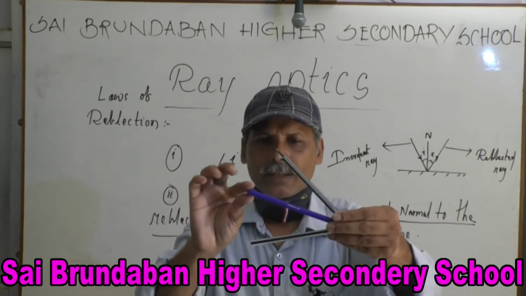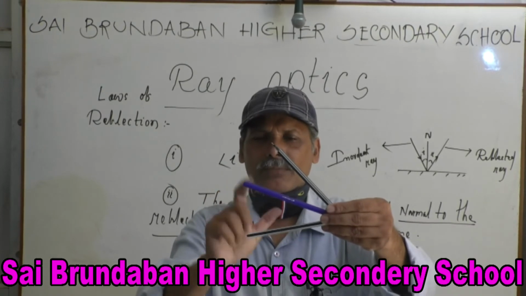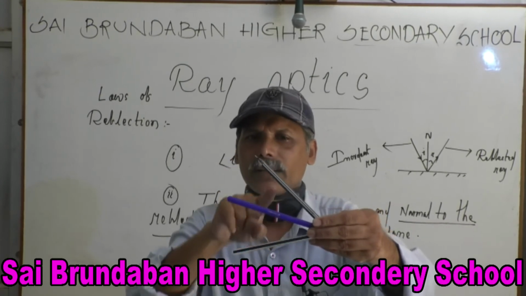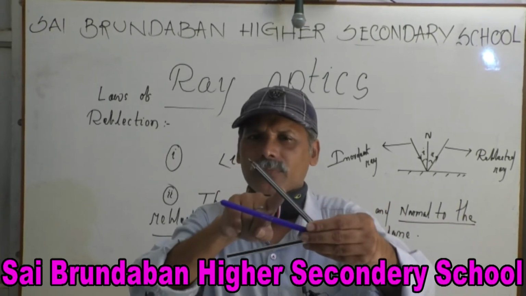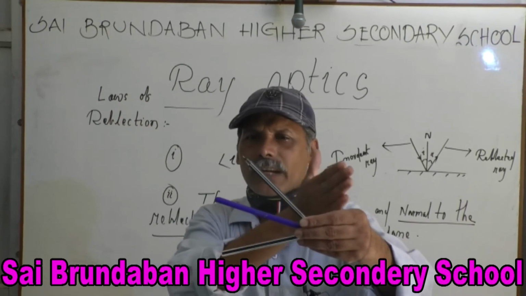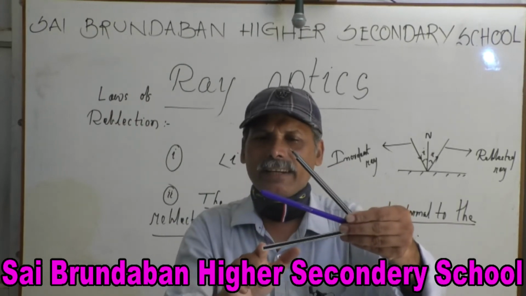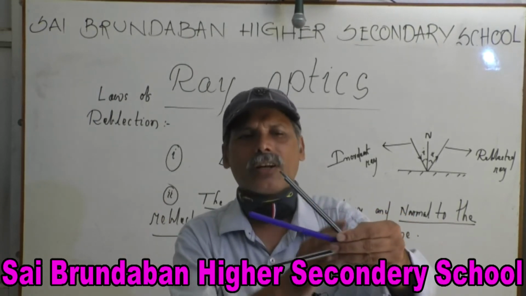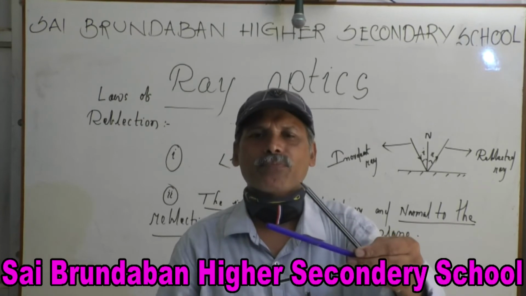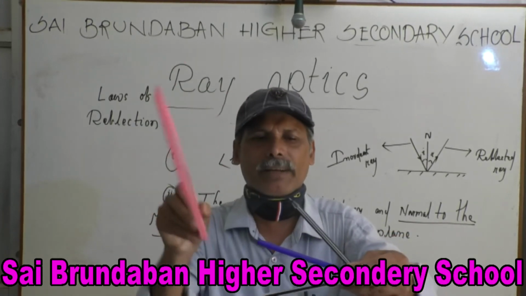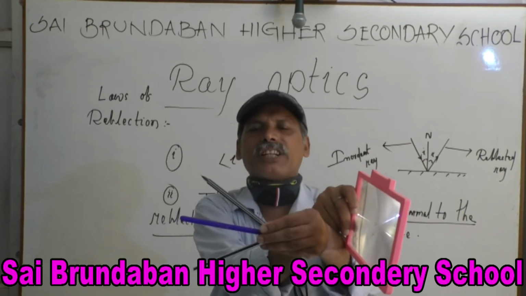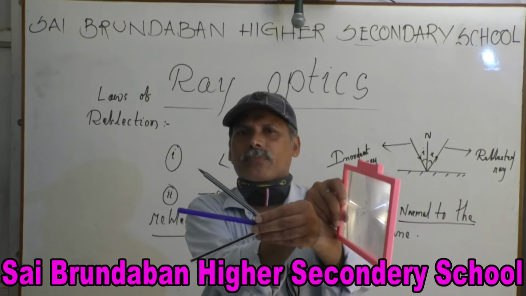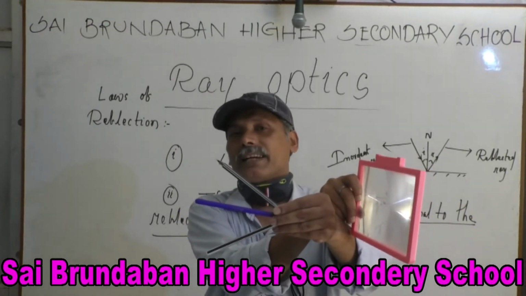The angle between the normal and the incident ray, that is called i, is equal to r. The reflected ray moves away from the reflecting surface, while the incident ray strikes or hits the reflecting surface. Let's say this is a plane mirror. So now you just look at the three lines.